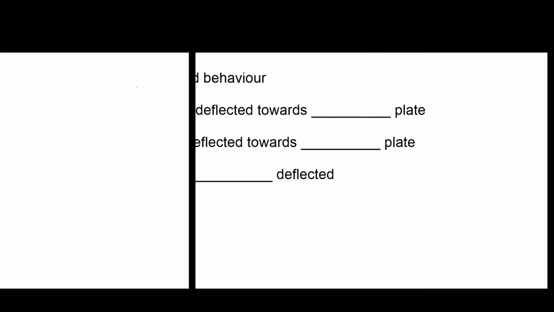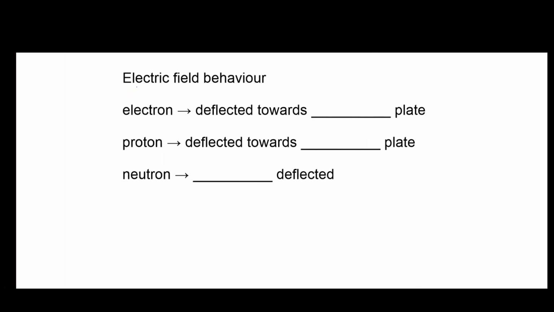Now, let's see what happens when these particles pass through an electric field at the same velocity. Electrons are negatively charged, so they are attracted or deflected towards the positive plate. Because electrons have very small mass, they are deflected strongly.